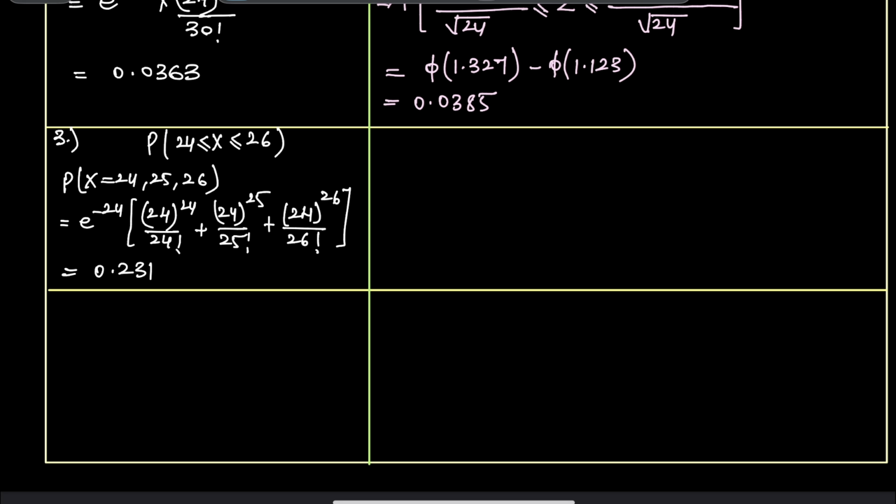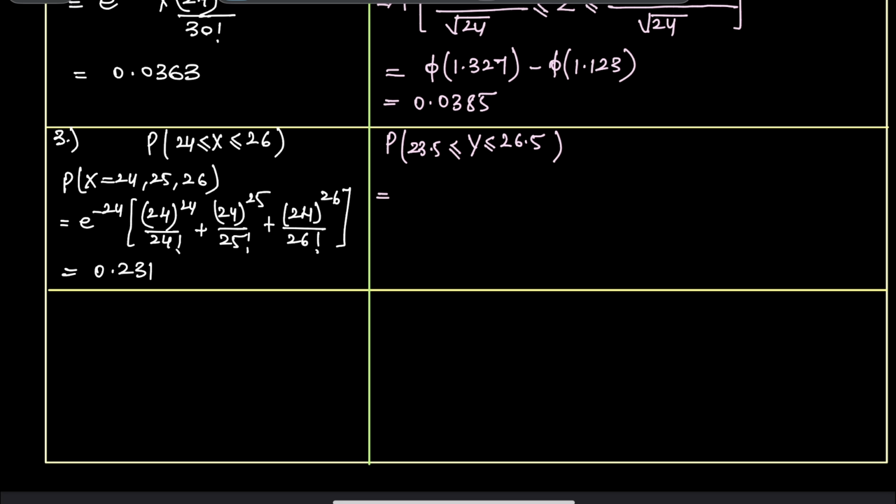Now we are going to use normal distribution as an approximation to Poisson distribution. So we will write probability of y less than or equal to 26.5, after applying continuity correction, and greater than or equal to 23.5.